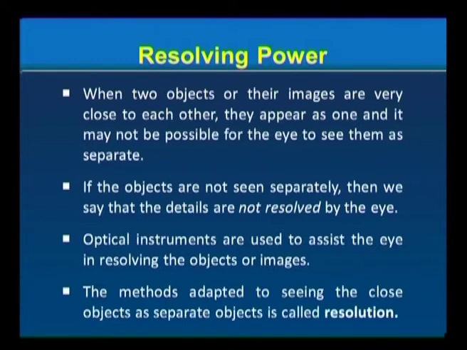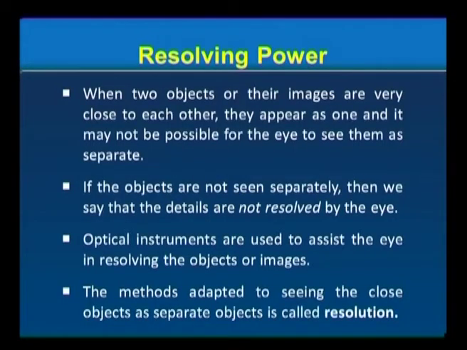What is meant by resolution or resolving power? One has to start with resolving power. It is the ability of the human eye or a telescope or microscope to see two objects which are close to each other, whether they are seen as two distinct objects or as a single object, whether the images overlap or whether they are clearly seen.